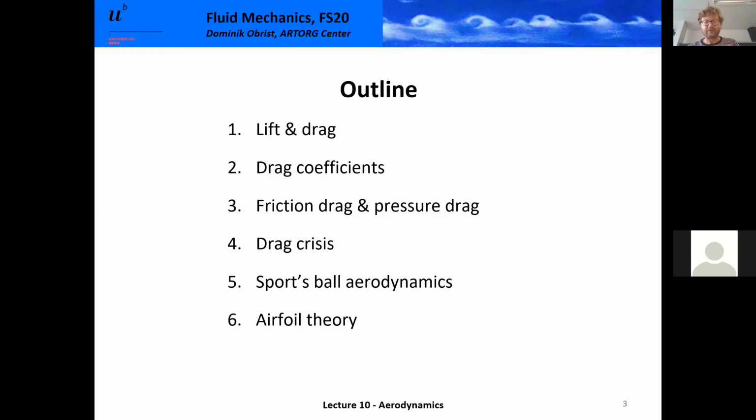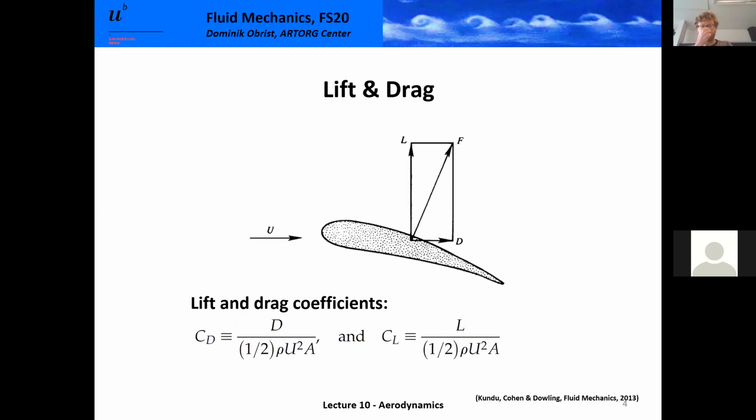Okay, so let's start off with the definition of lift and drag, and to this end we use this diagram here. You see an airfoil with flow coming from the left with a velocity U, and we have learned now with many different concepts how the streamlines will shape around this object, and you probably have some imagination what this could look like.